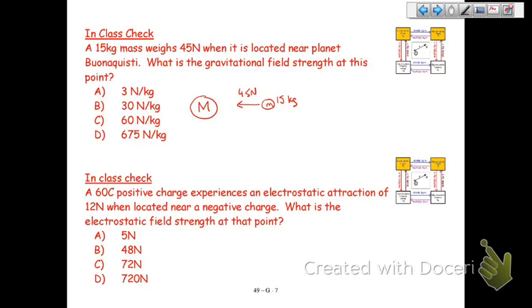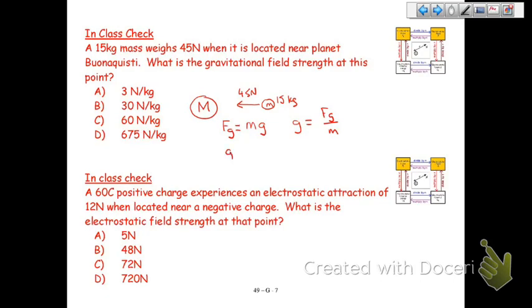So let's have a look. My Fg is equal to, well, what is it going to be? It's going to be m times g. Weight is equal to mg, remember that? And so my g is equal to Fg over m.